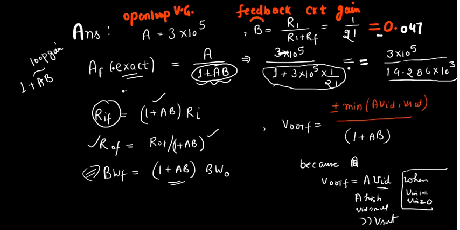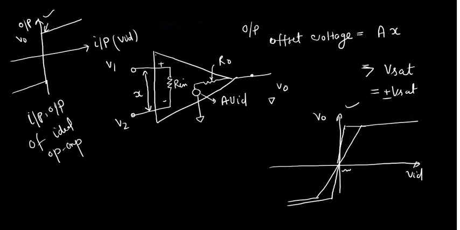Anyways, then we have seen that after feedback, your output voltage gets scaled by a factor of 1 upon 1 plus AB, right? Or gets divided by a factor of 1 plus AB, which you have evaluated.